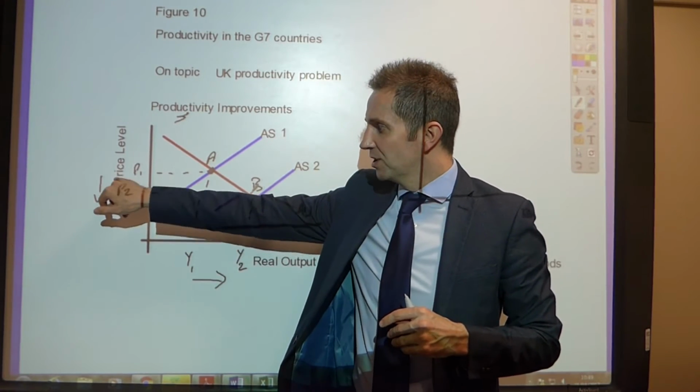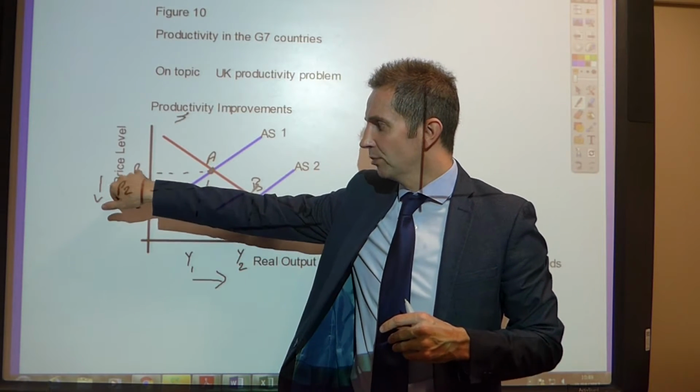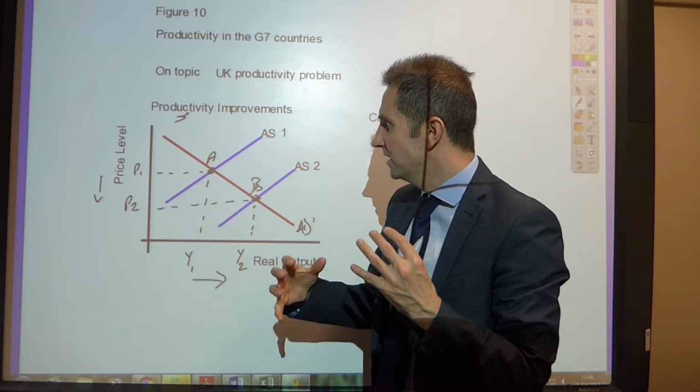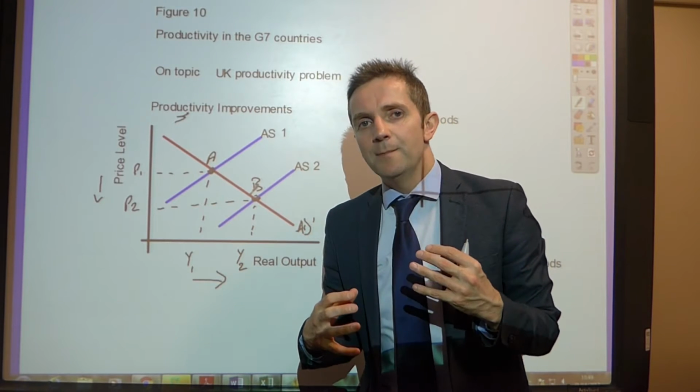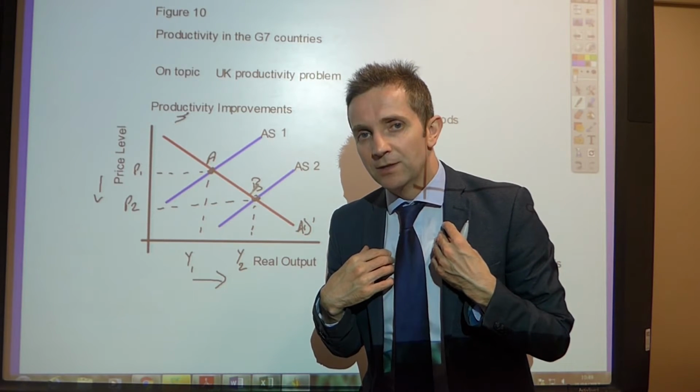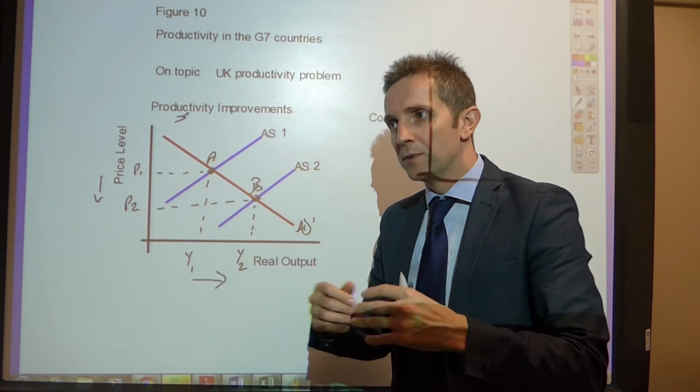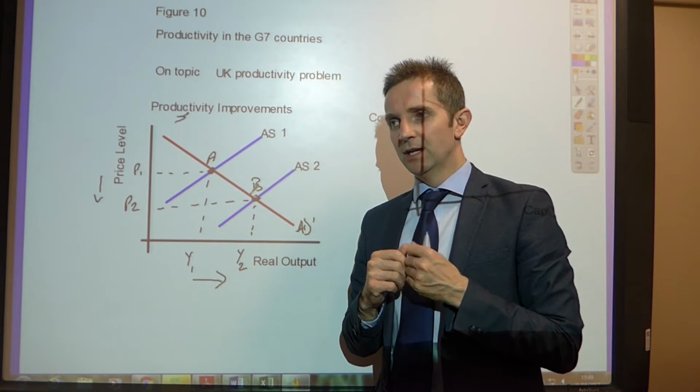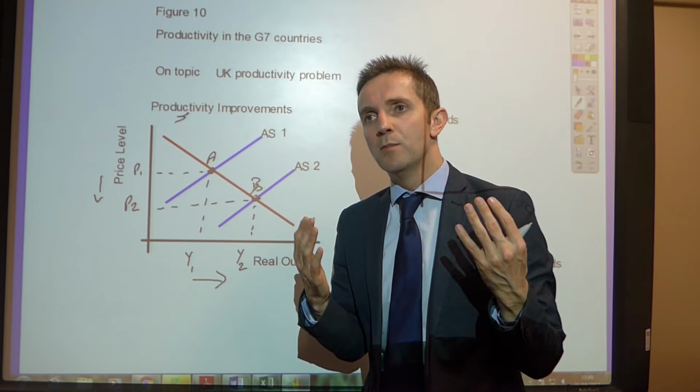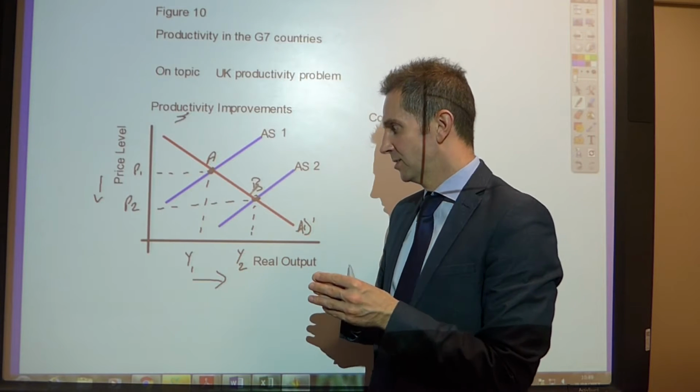And also, ladies and gentlemen, look what's happening here. Price level is falling from P1 to P2. So that makes our economy and the goods and services coming out of our economy more price competitive. So we in the UK would become more internationally price competitive.